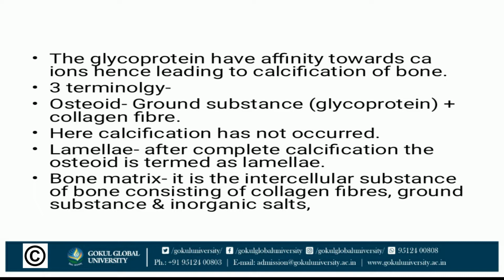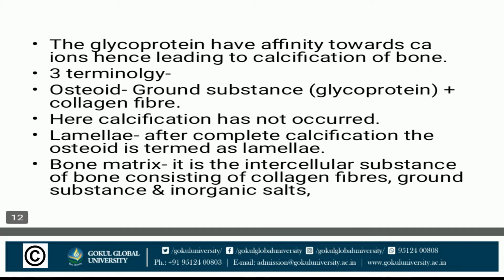Lamellae: after complete calcification, the osteoid is termed as lamellae. In short, after calcification it will be termed as lamellae. Bone matrix is the intercellular substance of bone consisting of collagen fibers, ground substance, and inorganic salts.